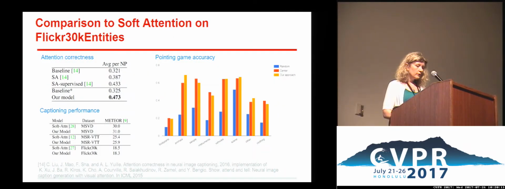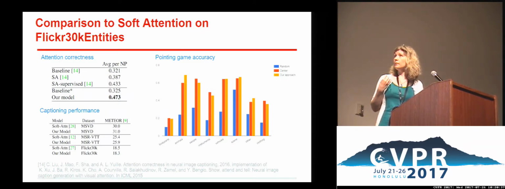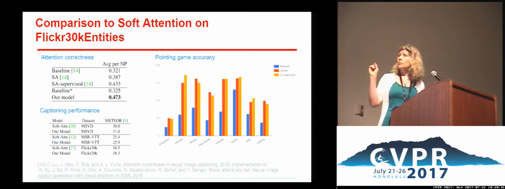To evaluate the correctness of our attention map, we compare it to several baseline methods, like a random attention map, or essentially attention on everything. We also compared it to soft attention. Soft attention in this case gets about 38.38 on this attention correctness metric, and with our model we can improve that to 47%.